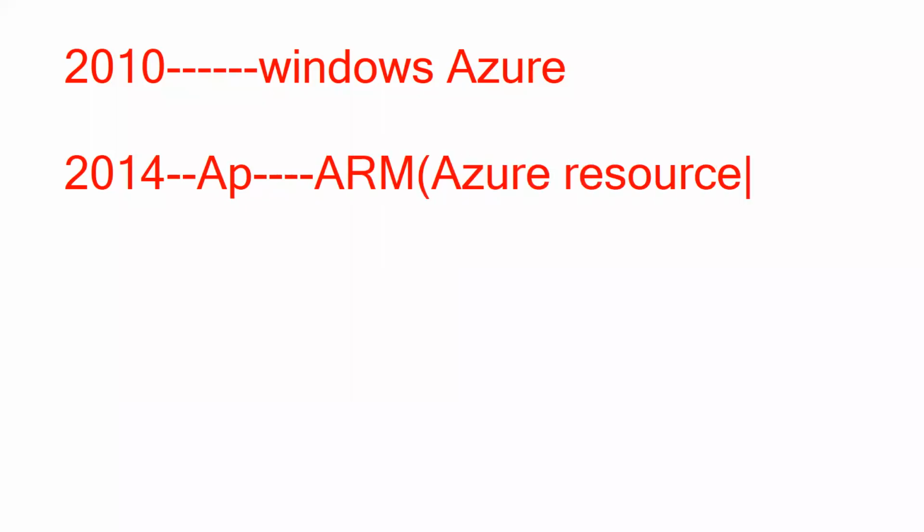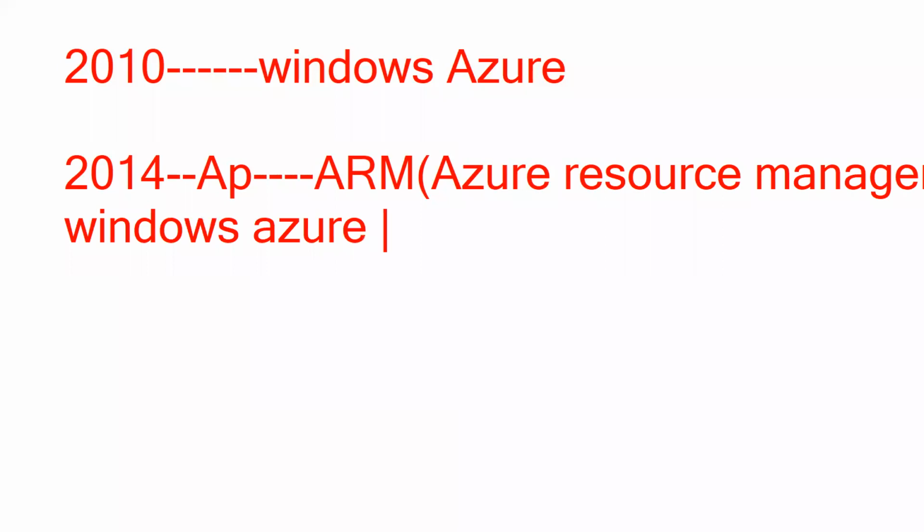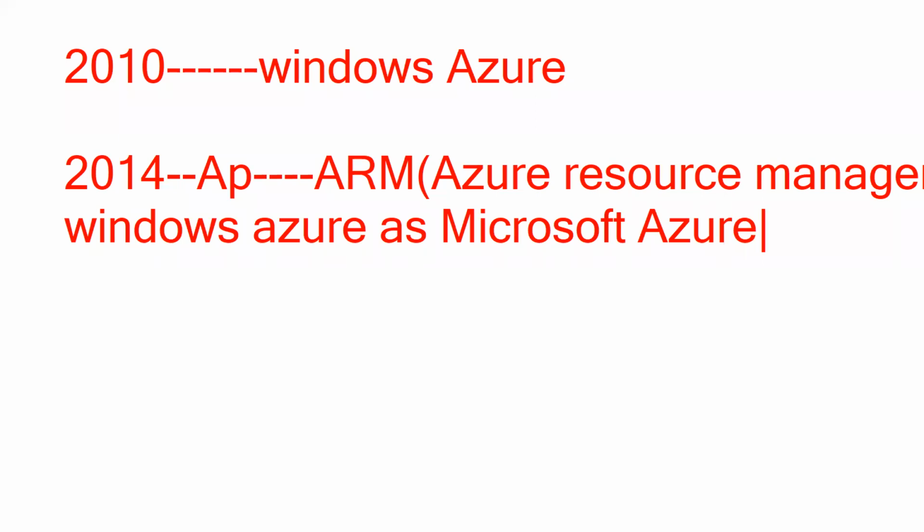Later, in 2014, officially on 14 April, they implemented a new deployment model called ARM, which means Azure Resource Manager. Then they renamed Windows Azure as Microsoft Azure. Now, officially, we call it Microsoft Azure.